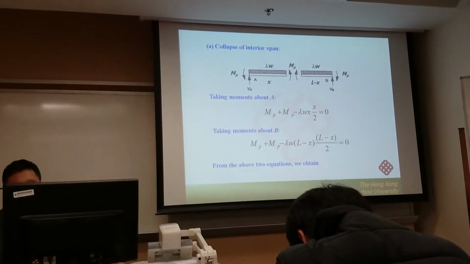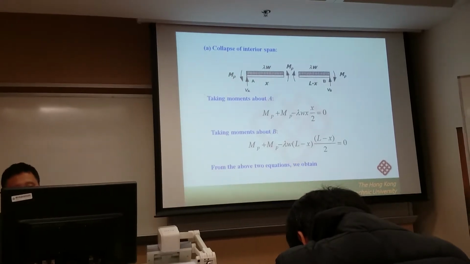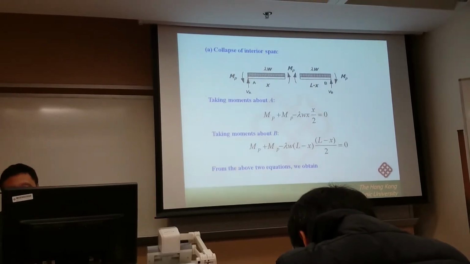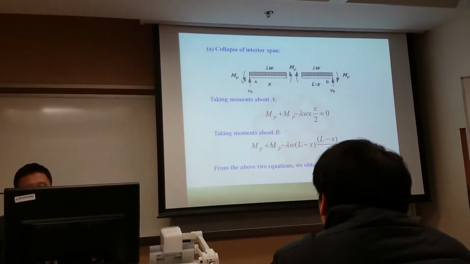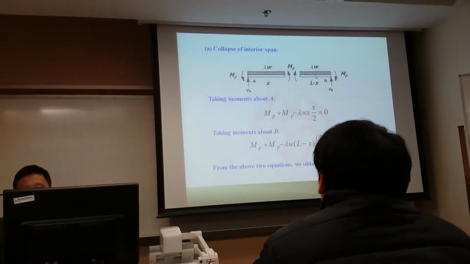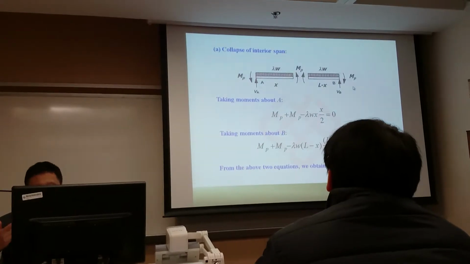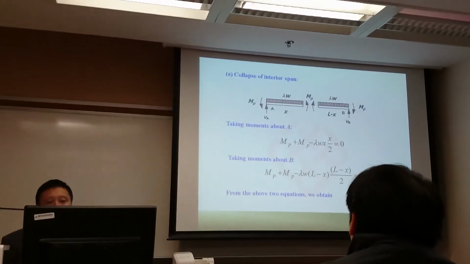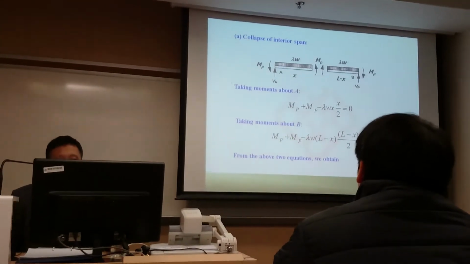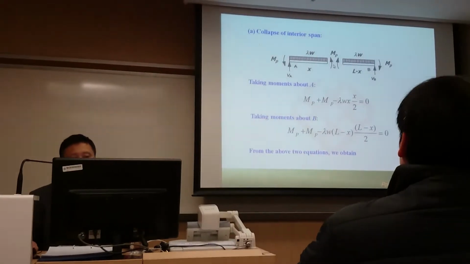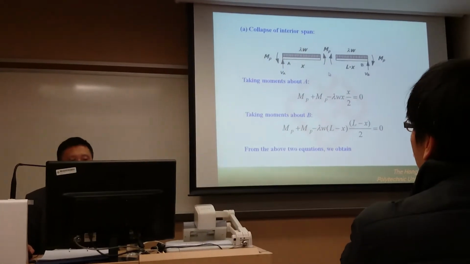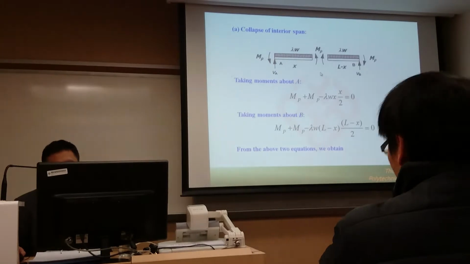But in the plastic analysis, because the shear force at the cutting section is equal to 0, please take the moment about point A and point B. I want to emphasize this point because in past examinations, many students take a moment about the cutting section, and their solution is incorrect.